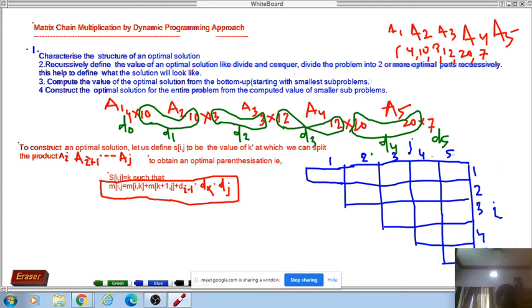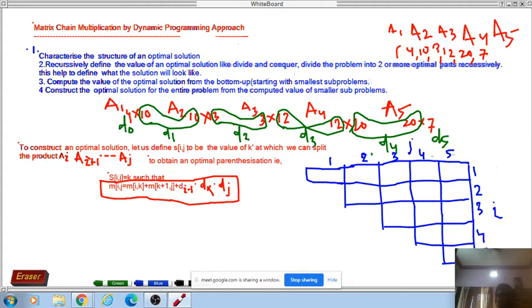So how this process goes on, we will cover this. Our main objective is solving the chain multiplication. How I am using this formula, I am now going to explain.